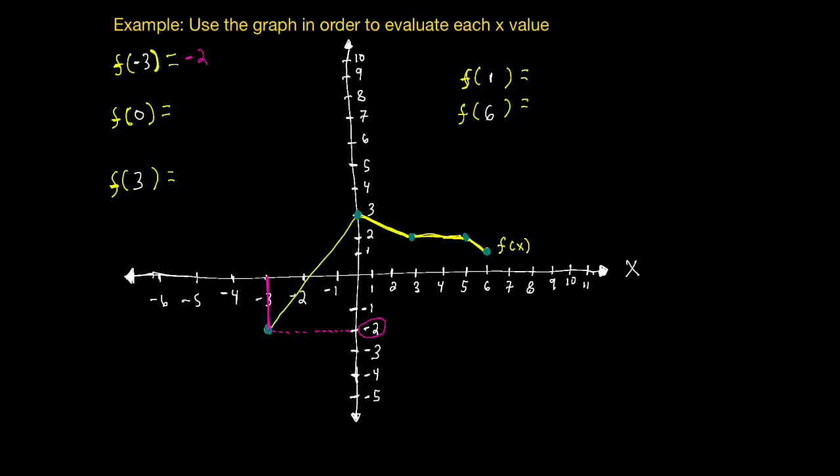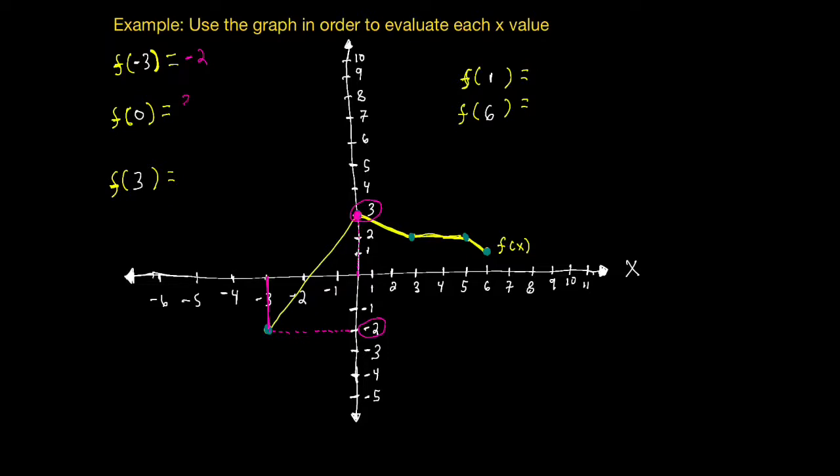Alright, let's try to evaluate f of 0 now. So if we look at the x-axis, 0 is going to be here at the origin, and now my graph is right here at this value. So here we're going to go up to +3.